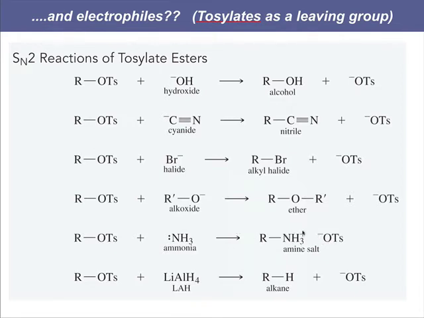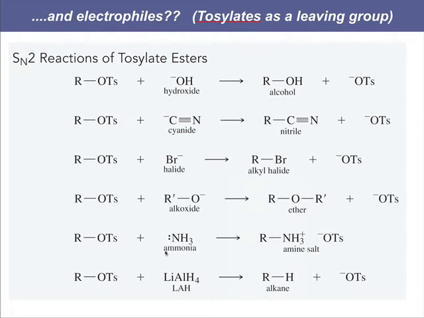Of course, we can use base to get rid of this extra H and make just an amine. We can also displace a tosylate with a hydride, like from LiAlH4 or NaBH4. That H- again would attack the R, displace the OTs, and we get to an alkane.